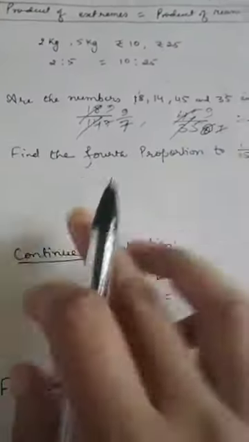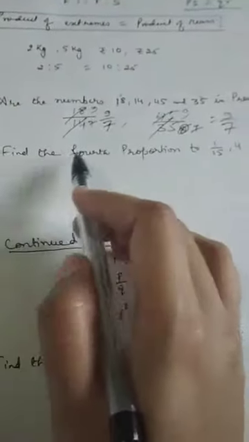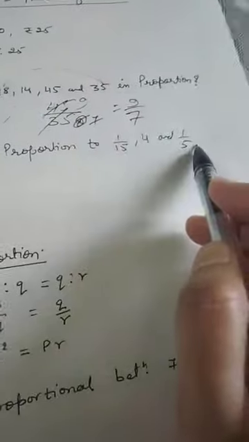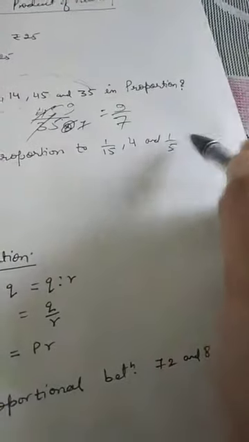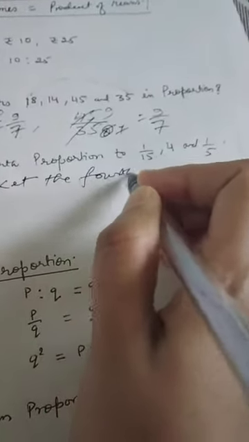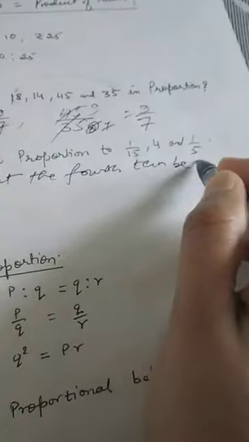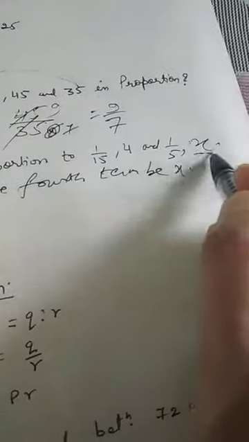One more question: find the fourth proportion to these. Three terms are given and you have to find the fourth term. First of all, we let the fourth term be x. They are in proportion, but you have to find the fourth term.